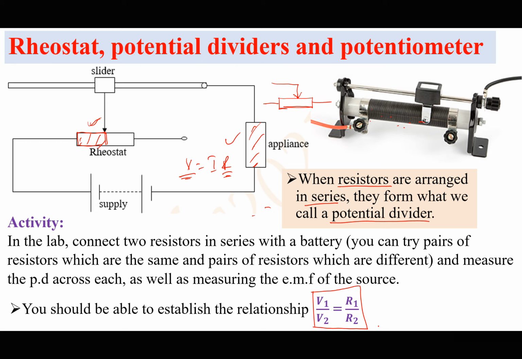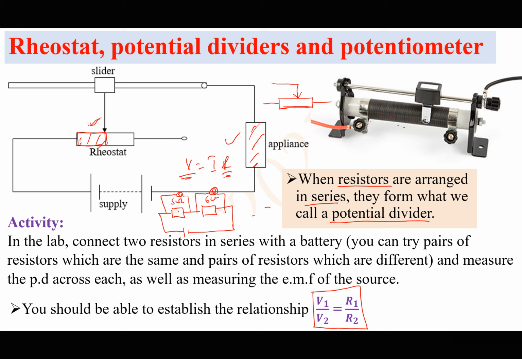The circuit you can connect in the laboratory is very simple. Have one resistor of say 5 ohms, have another resistor of say 6 ohms, and connect them across a power supply. Then connect a voltmeter across 5 ohms, connect a voltmeter across 6 ohms.